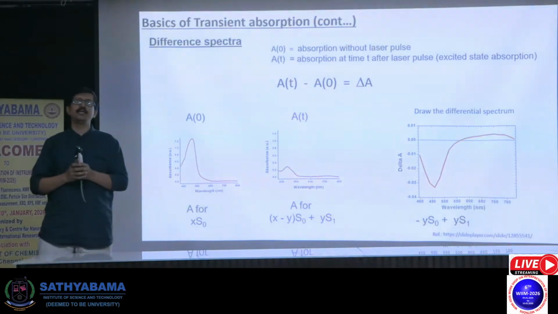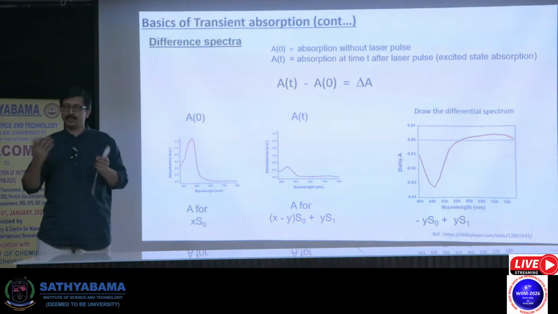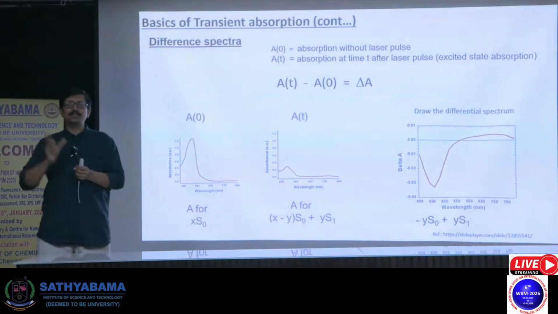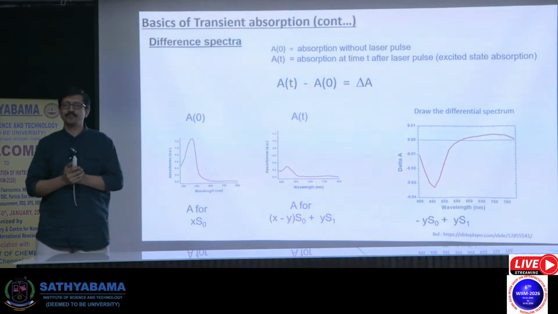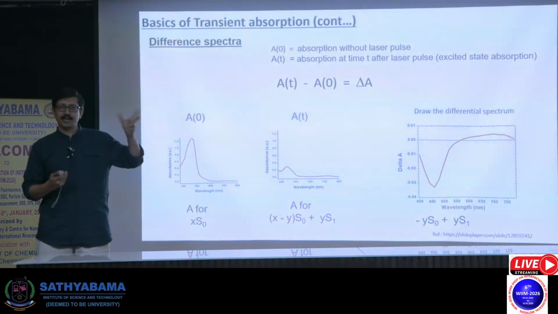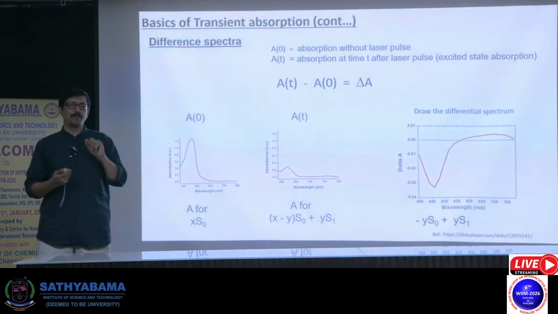That absorption can also be monitored and measured, which is happening in what kind of time scale? Can you give some kind of a time scale for excited state absorption? Because you have seen the Jablonski diagram, the time scales of 10 to the power of minus 11, minus 12, minus 9 of a second, right?